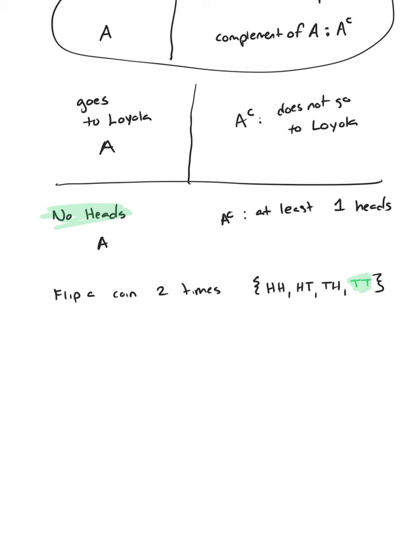The complement of that would be everything else. So the complement would be all of these. And once again, complement is just everything that's left after I remove that thing. So if the complement of no heads includes all of these 3, notice it includes heads, heads, heads, tails, tails, heads. And what these ones have in common is that they have at least 1 head.